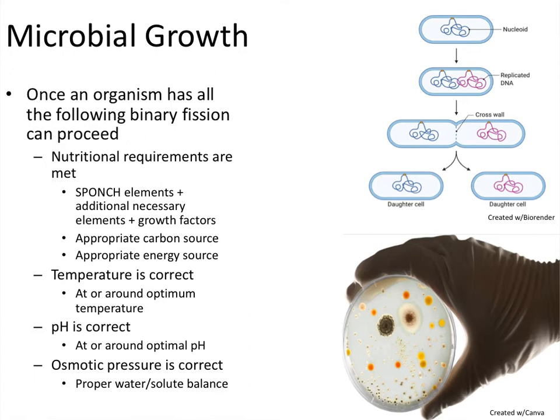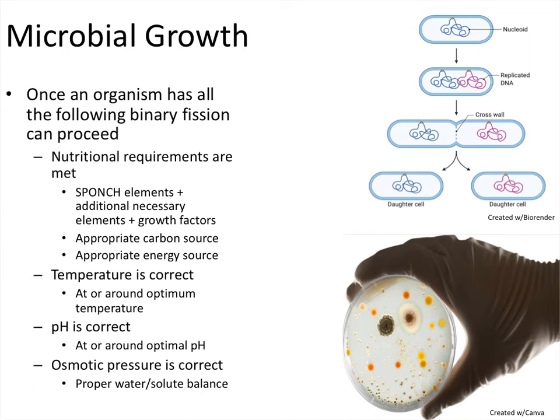We talked about this process a little bit in our previous lecture on DNA replication, and essentially the process of binary fission creates identical copies of cells. Those cells are typically called clones. They can also be called daughter cells, but most of the time in the world of microbiology, they are called clones.